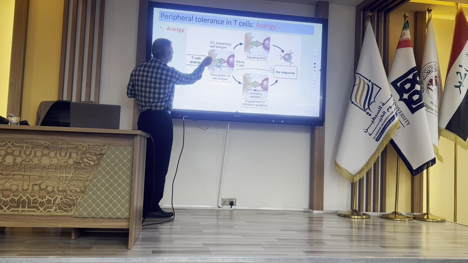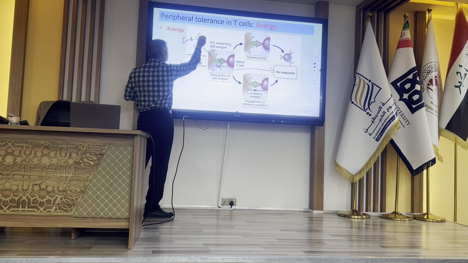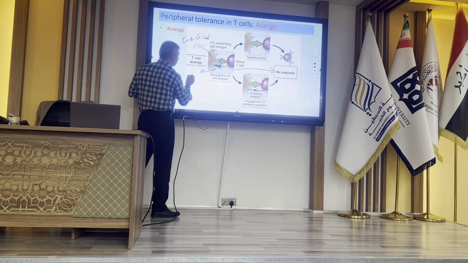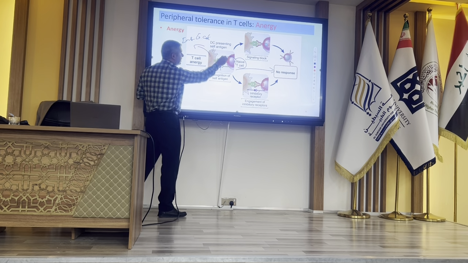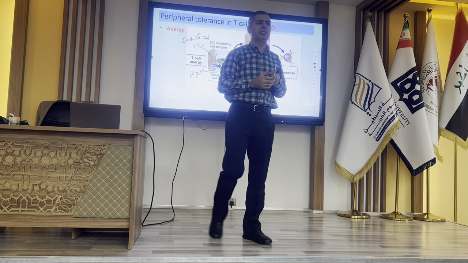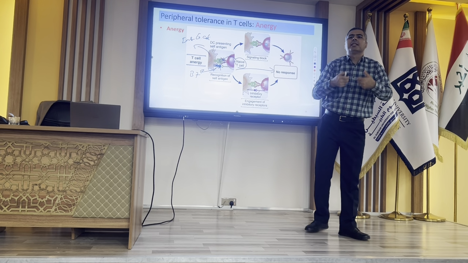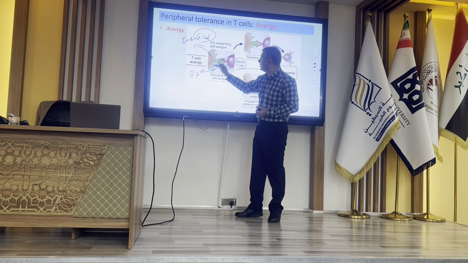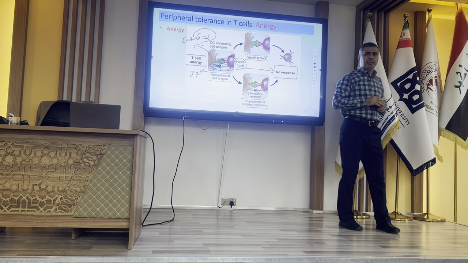But if this APC is exposed to infection, for example, E. coli, it will express co-stimulators, including B7. Then we will have activation of the naive T cell against self-antigen. So self-antigen alone cannot activate the immune system, but self-antigen in the presence of infectious agents can activate T cells, because in the presence of infection we have co-stimulation.